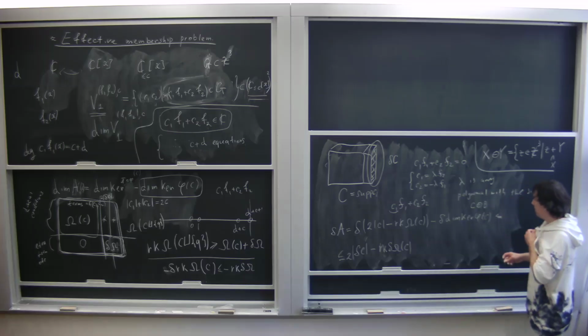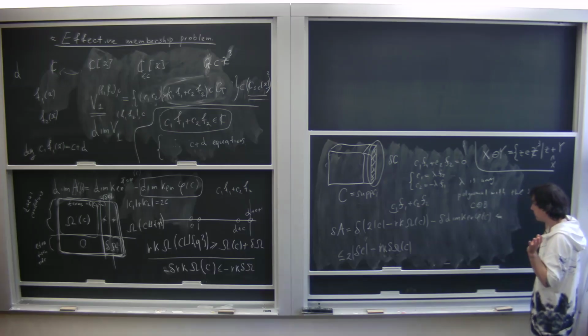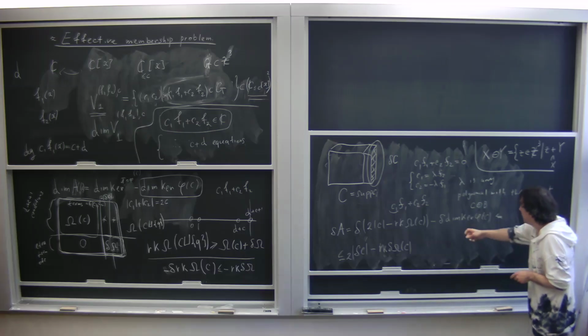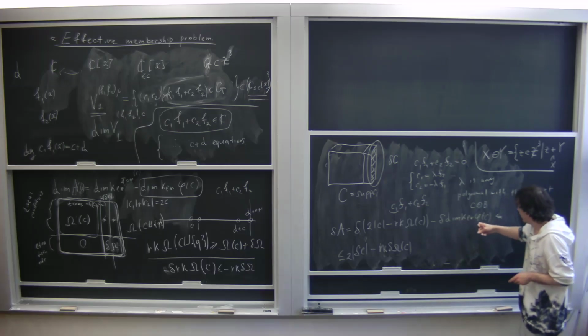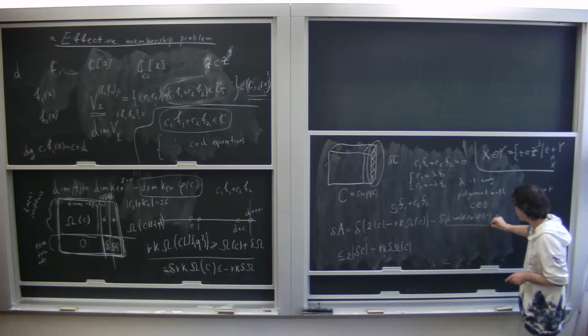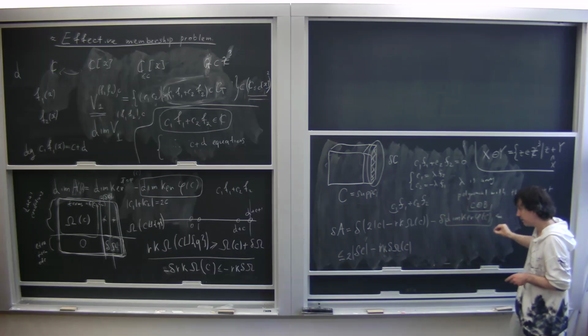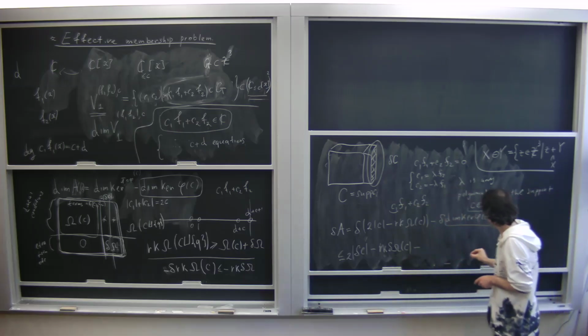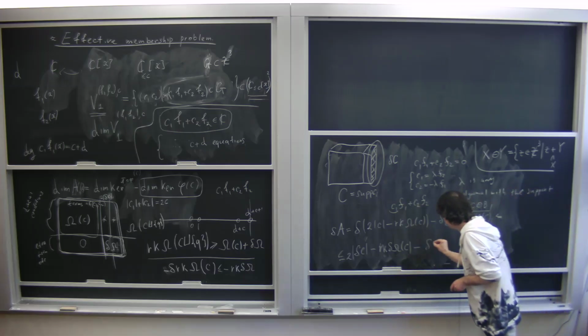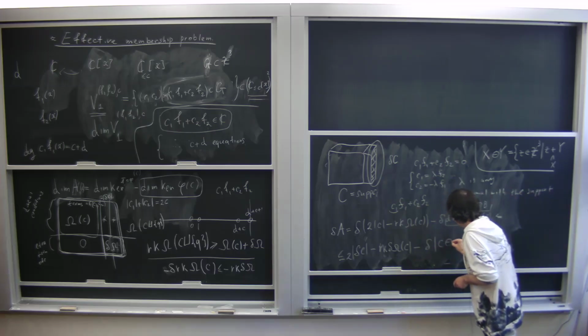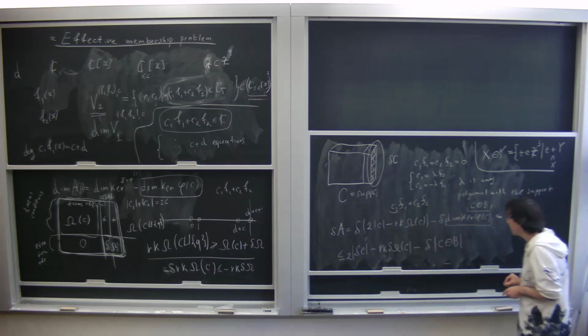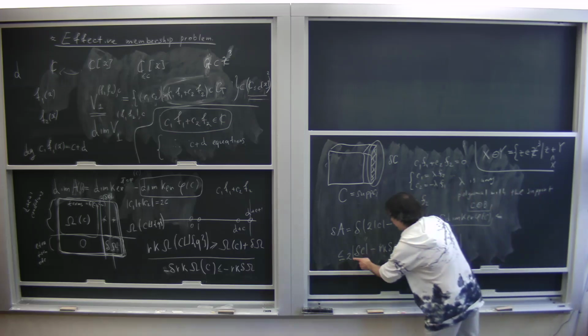So let's say what's going on here. We have computed that this dimension is equal to the number of integral points in the Pontryagin difference. So let us use it here, minus delta of the number of integral points in the Pontryagin difference.